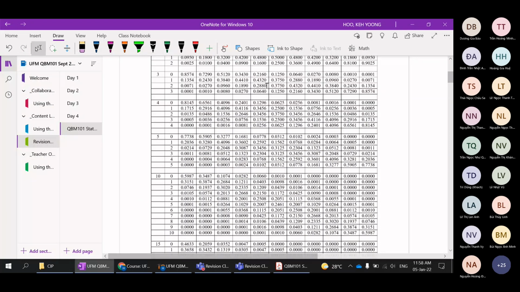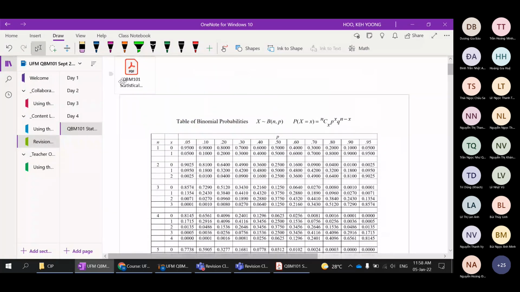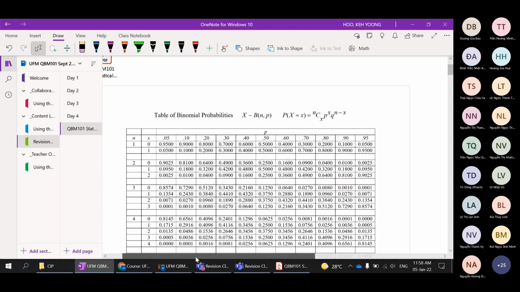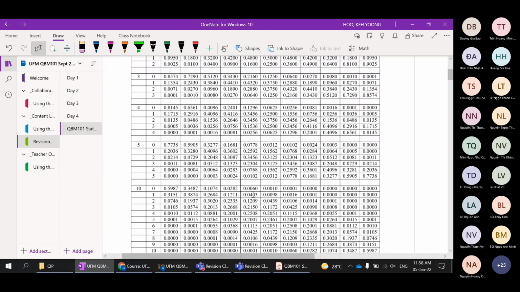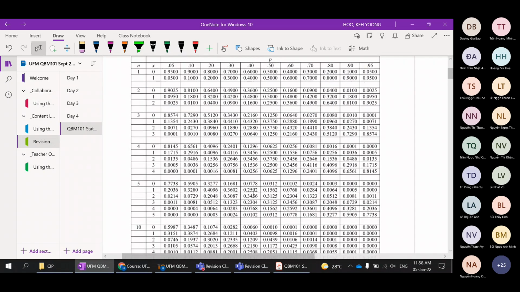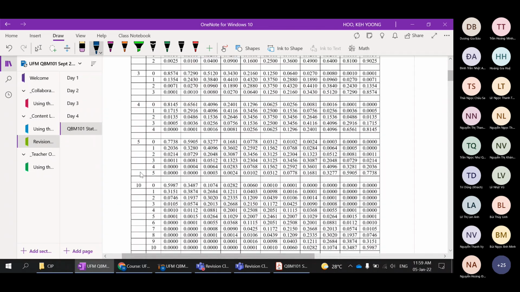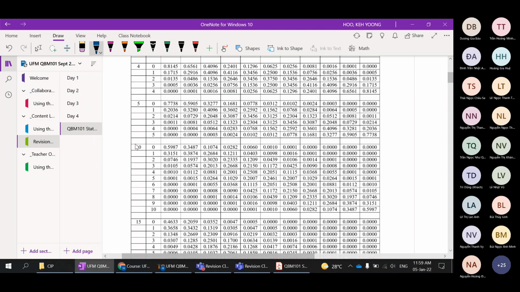First we look at the binomial. Sometimes when you want to find the probability, you can find it from this binomial table, but there are some limitations. Only if your n is listed in the table: you have 1, 2, 3, 4, 5, and then it jumps to 10. So if your n is 6, 7, 8, or 9, or 11, 12, 13, 14, you cannot refer to this table.